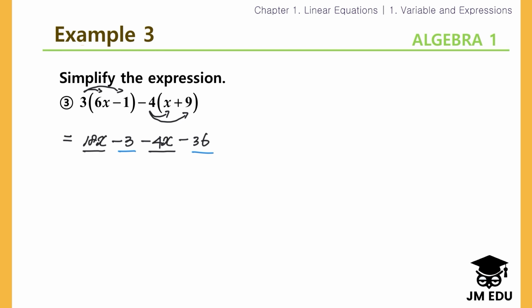So let's rewrite this expression: 18x minus 4x minus 3 minus 36. So we have like terms, 2 x terms here. 18 minus 4, that's 14, right? So 14x. We have minus 3 minus 36. That's minus 39.